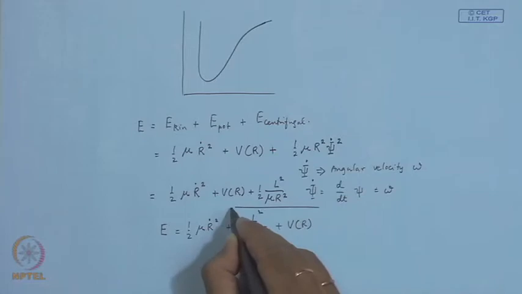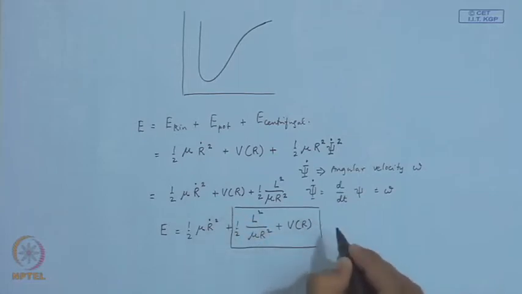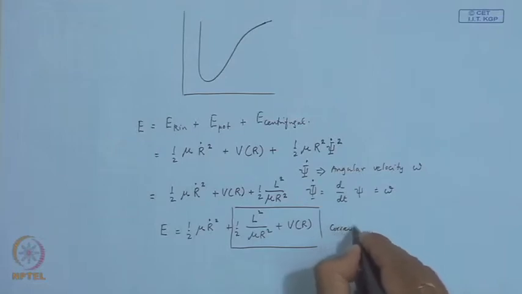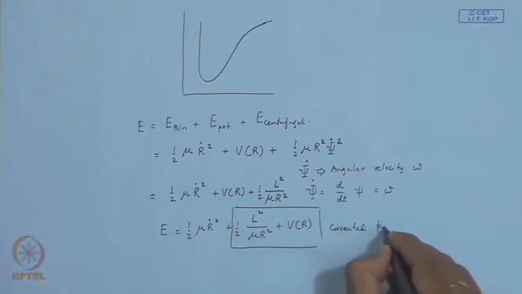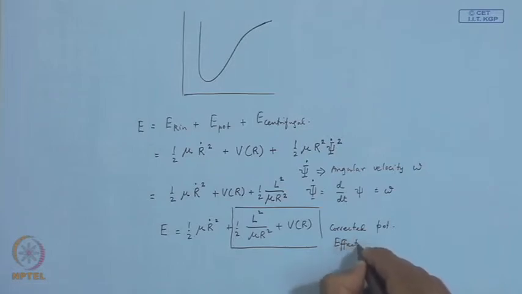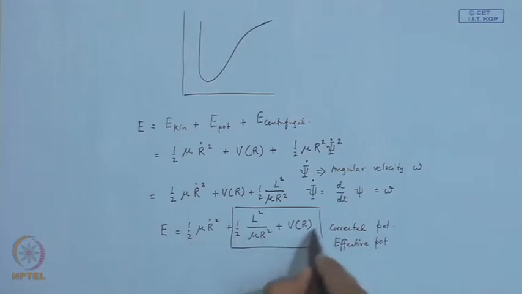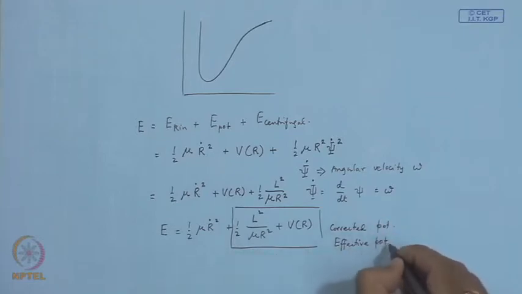This part is the corrected potential, called the effective potential. It is the normal potential plus the term due to the centrifugal force, so it is called the centrifugally corrected effective potential.